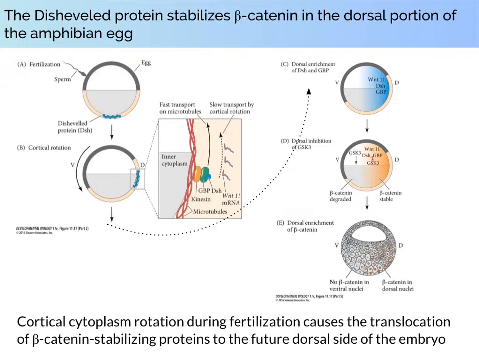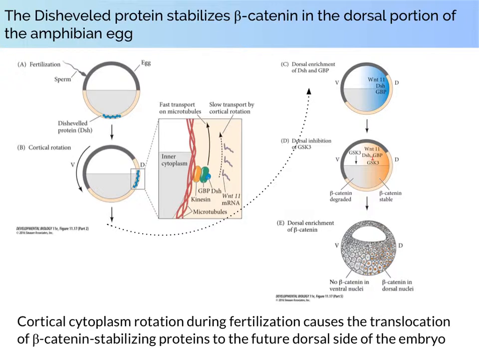Now, two of these Wnt pathway proteins, an example of which is dishevelled, act to inhibit another protein known as glycogen synthase kinase 3 or GSK3. GSK3 is a protein that targets beta-catenin for degradation. So by inhibiting GSK3, Wnt and dishevelled are going to basically allow the beta-catenin to become stabilized wherever they are found, because they're basically inhibiting the protein that's breaking down beta-catenin.